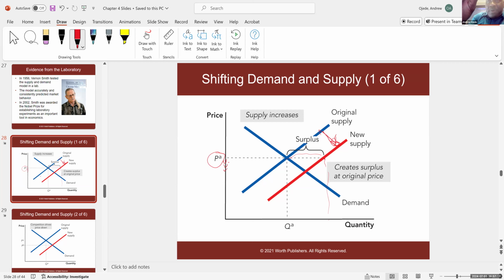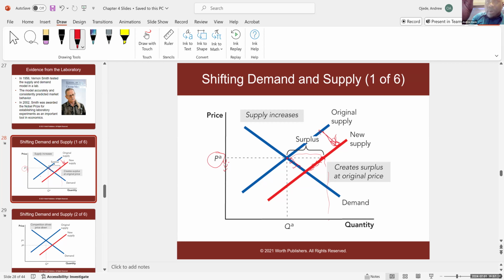And remember, at that point, we are on this point on the demand curve. As price falls, consumers are going to want to demand more, and sellers are going to want to sell less. So we're going to end up at this new equilibrium where the red line intersects the blue line.